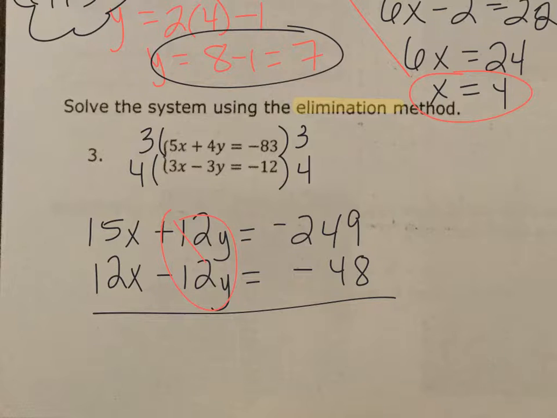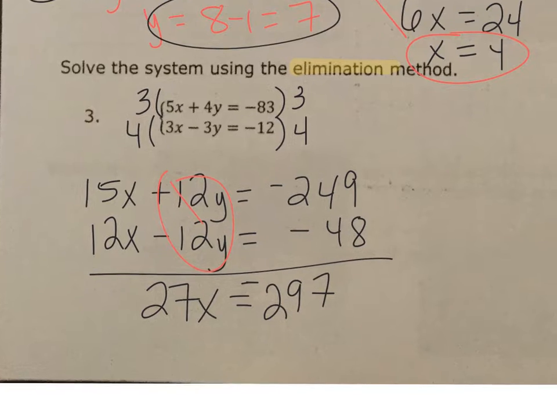So that's good. And now 15x's and 12x's together give me 27x's. Negative 249 and negative 48 together gives me negative 297.